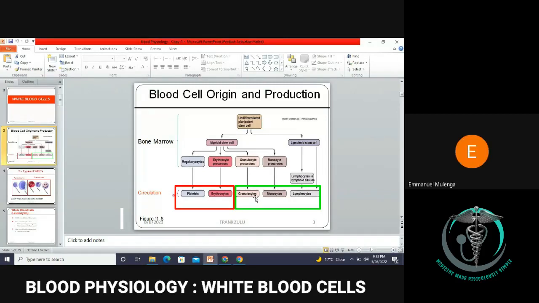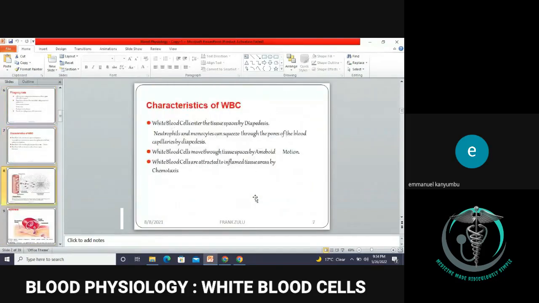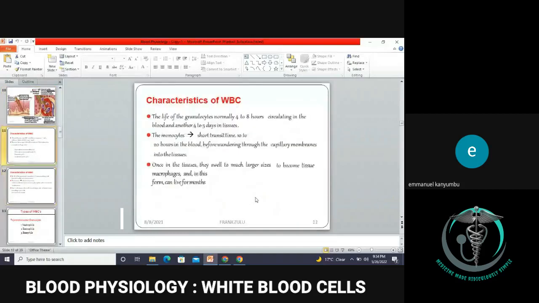Sir, are leukopenia and leukemia the same? It confuses me. Totally different. Penia means absence or very low. So if someone has leukopenia, it means they have a very low number of leukocytes. Remember that slide.